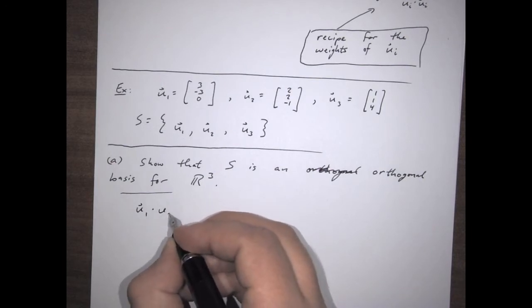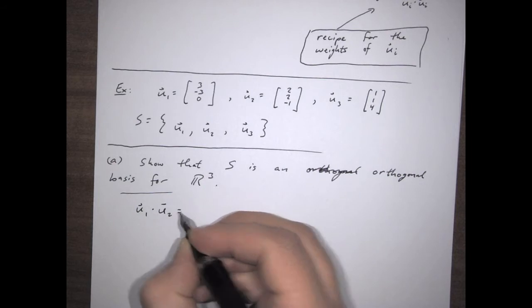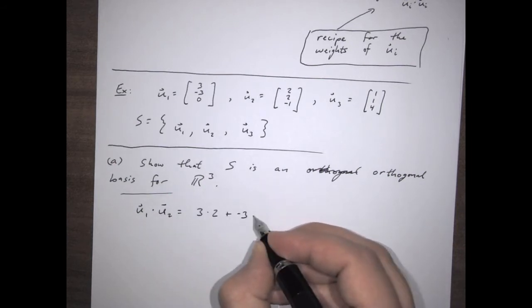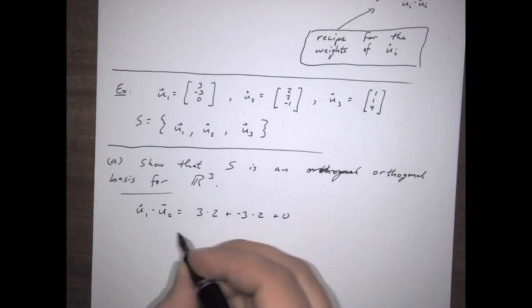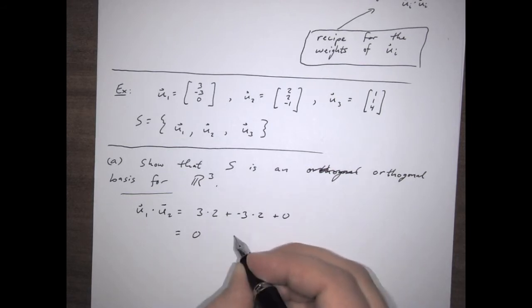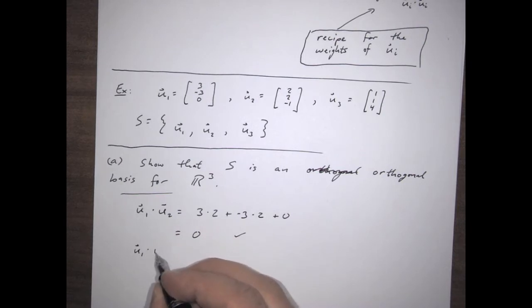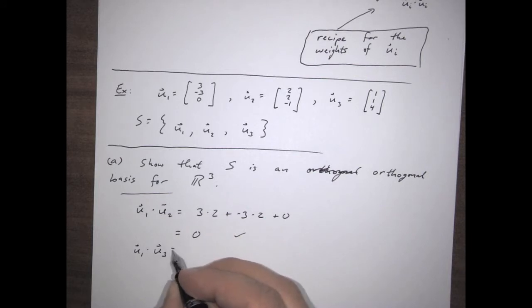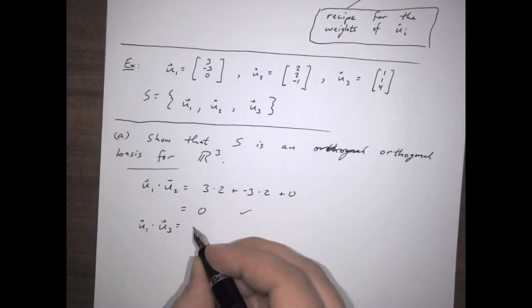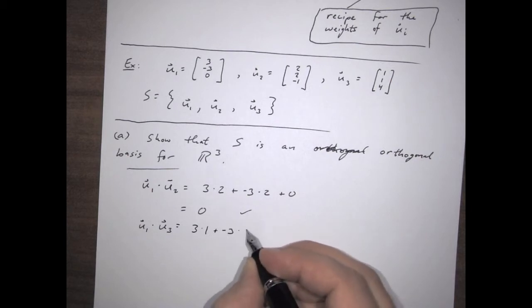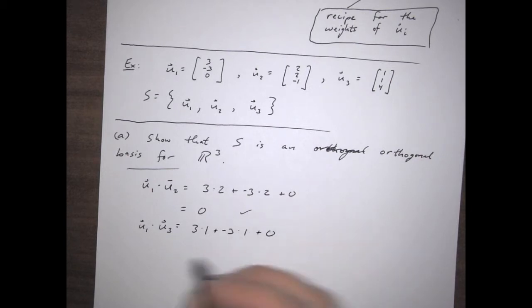So u1 dot u2 is equal to 3 times 2 plus negative 3 times 2 plus 0, which by my calculations will equal 0. Check. u1 dot u3 will be, looks like 3 times 1 plus negative 3 times 1 plus 0, which will equal 0.